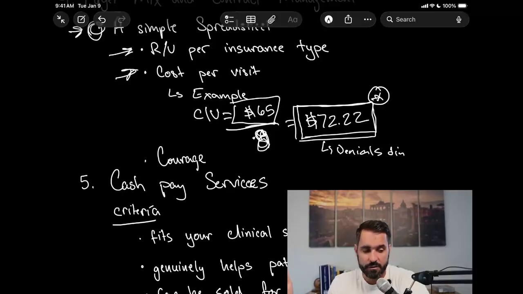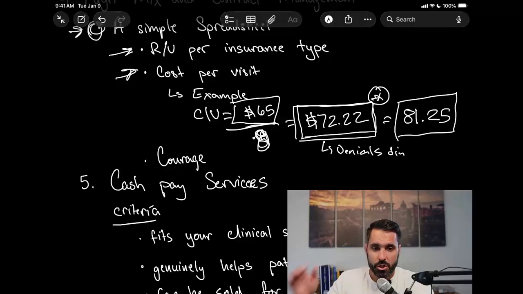That would give you a 10% margin and a 10% buffer on denials and inefficiencies. So let's say 65 divided by 0.8. That would bring you to a new number of $81.25.